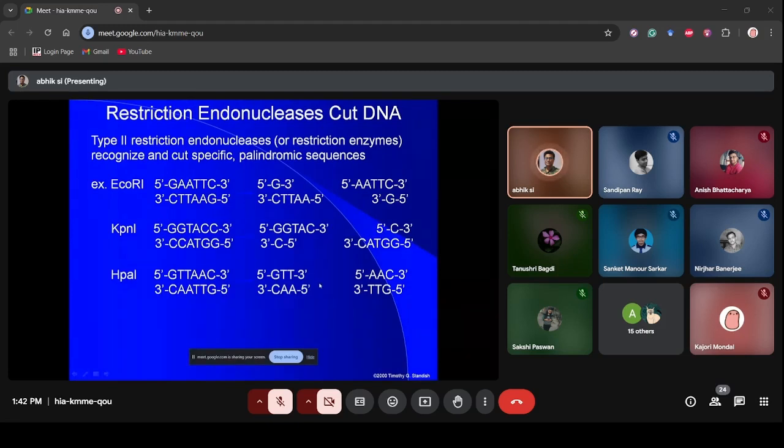Since it doesn't have any single stranded part, it cannot join with the other DNA molecule because it doesn't have any complementary region, and that's why it is known as blunt end. Blunt end is a little bit difficult to join again, but if you keep them together, this and this will be joined if you add DNA ligase.